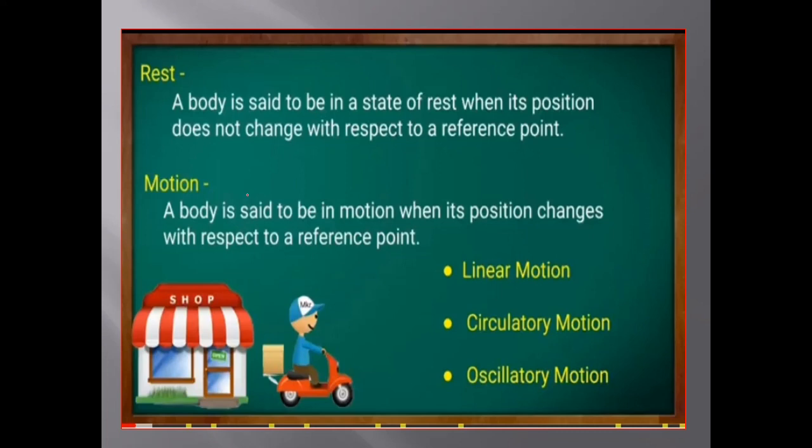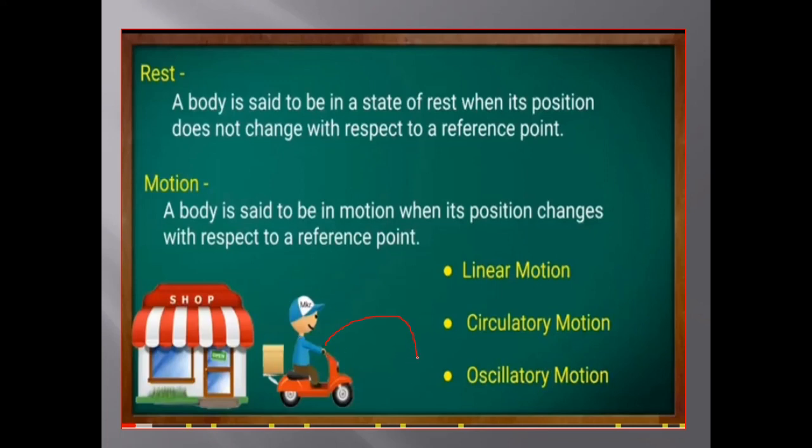Then, when do we say that an object or a body is in motion, children? If I take the same example, considering a shop as well as a driver, if this driver drives his two-wheeler forward, then with respect to the shop, the driver has changed his position from this place to the next place.